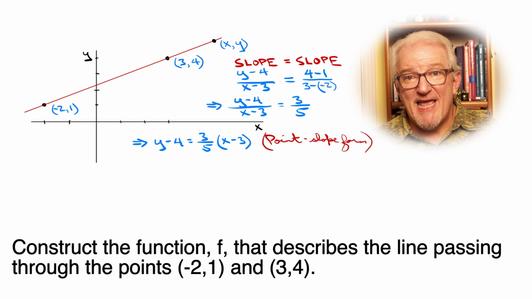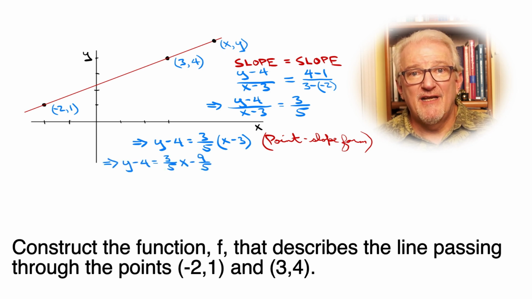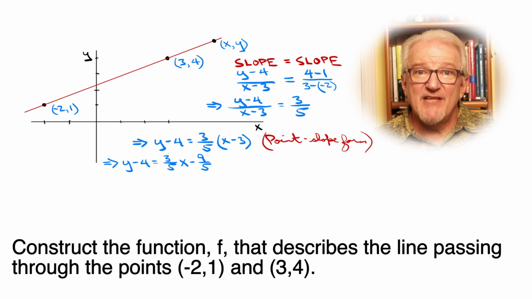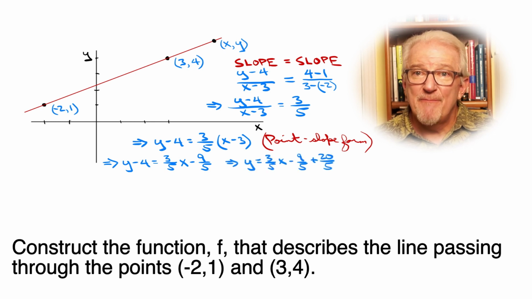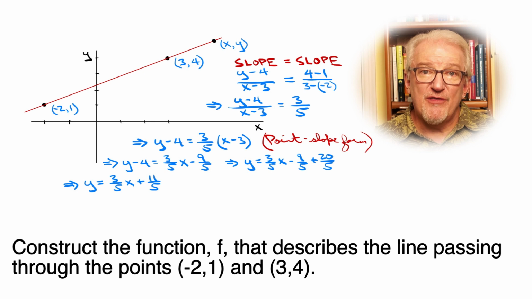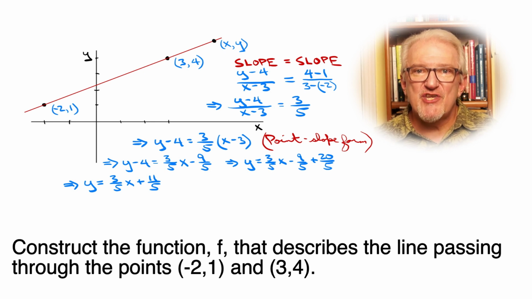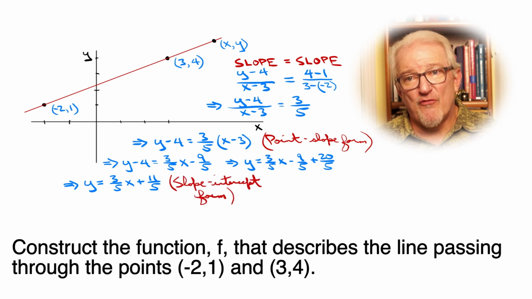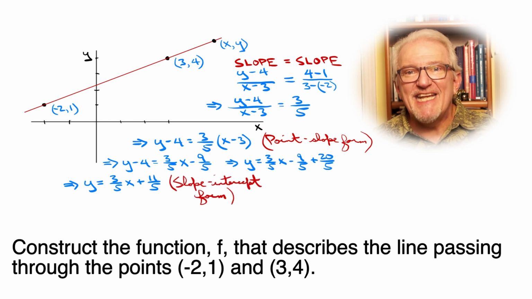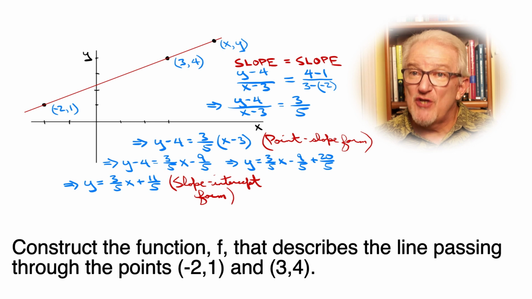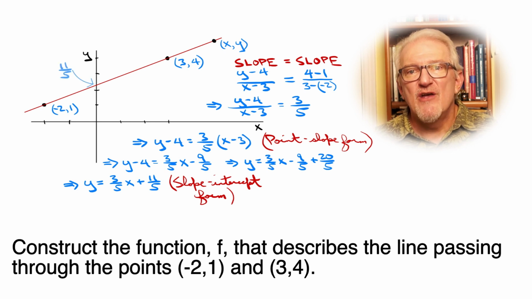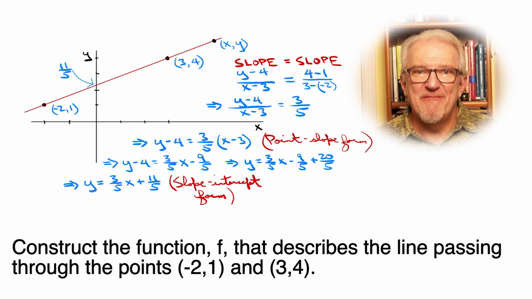Multiplying 3/5 by (x minus 3) gives 3/5 x minus 9/5. And finally, adding 4 to both sides in the form of 20/5 yields that y is equal to 3/5 x plus 11/5. This is generally known as the slope-intercept form of the equation of the line, since it explicitly provides us with the slope of the line as well as with the y-intercept of the line.